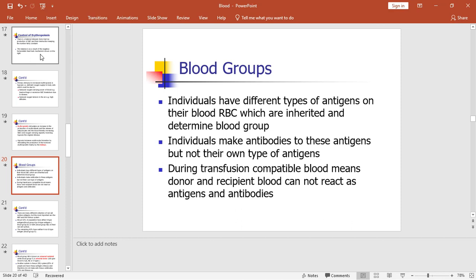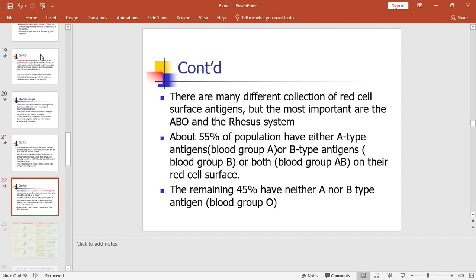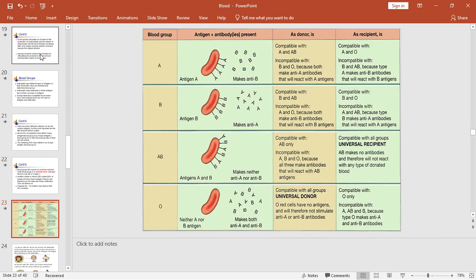When you have no antigens, none of the A and B, you are going to have antibodies to both. And when you don't have the A and B antigen, that blood group is called O. You do understand it?